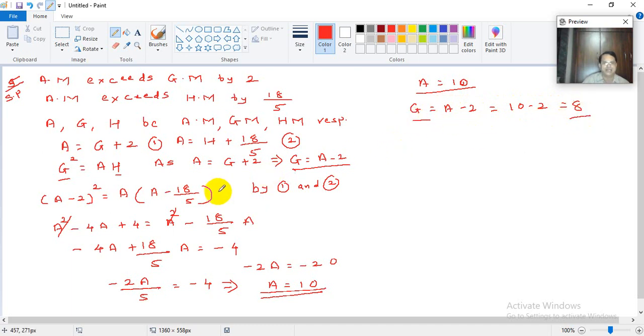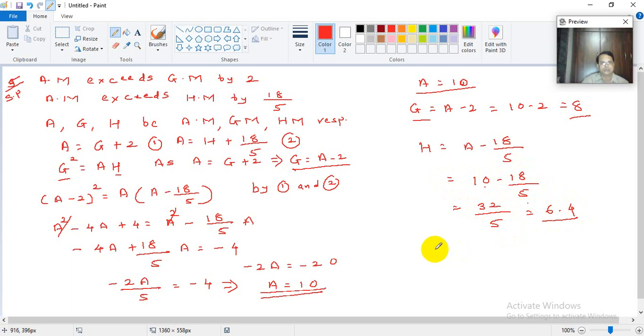And what is the relation between a and h? a is equal to h plus 18/5. That means h will be what? h is a minus 18/5. Okay, that means what? a is 10, so 10 minus 18/5. 10 minus 18/5 comes to how much? 5 tens are 50, minus 18, 32/5. 32/5 is 6.4.